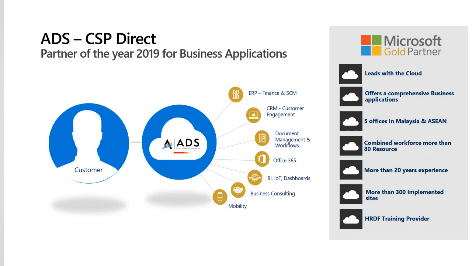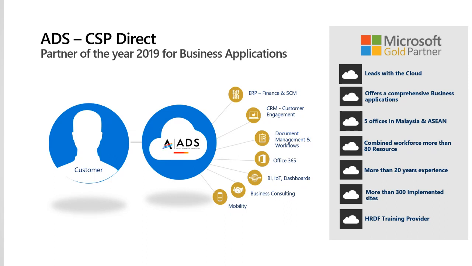ADS stands for Agile Dynamic Solutions. We actually used to be a typical on-premises business solution provider. But for the past 5 years, due to Microsoft's intuitions, we transformed ourselves into a 100% full cloud service provider. We continue to believe that transformation to cloud delivers unprecedented value to both partner and customer, like us, like you.